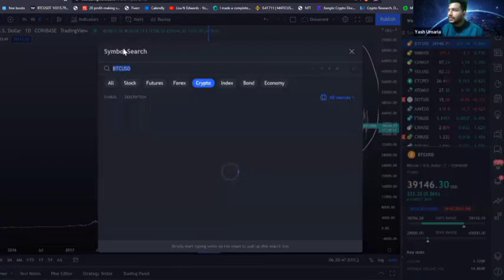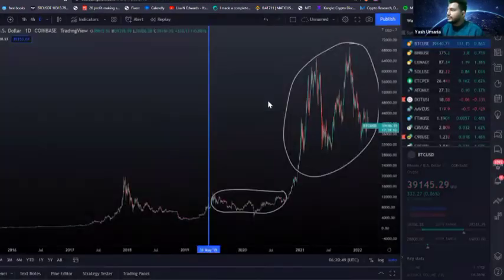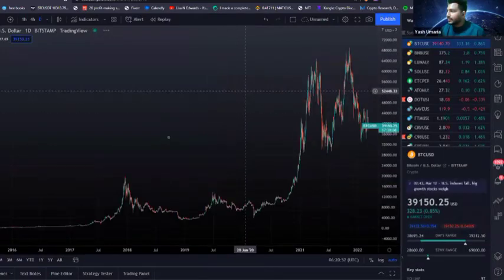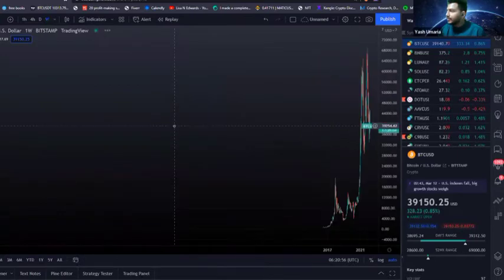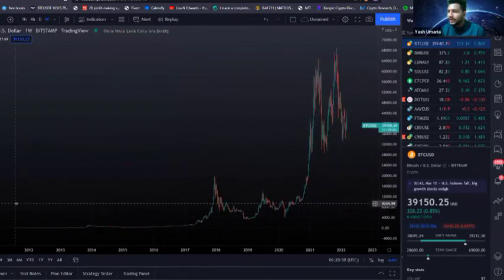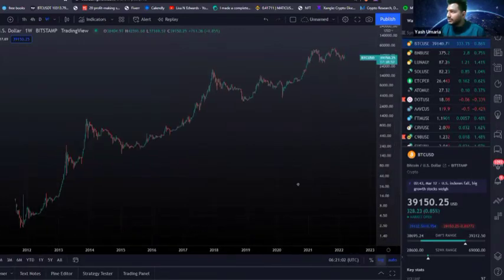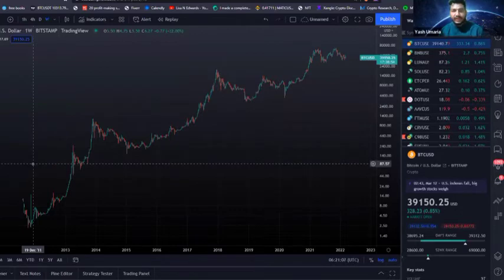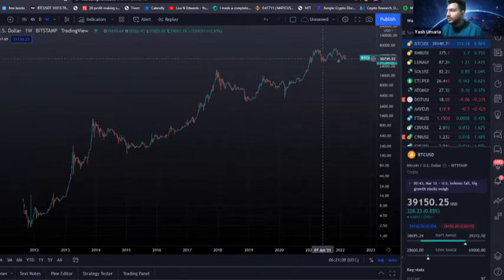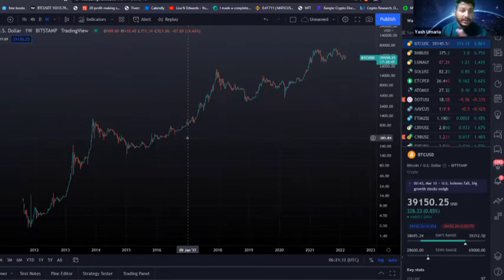For that, we have to use a different chart. Let's go to the weekly. We have data from 2012 till now, so let's use a log chart. Great. In this one we have data from 2012 to today, so that means we don't have data from 2008 to 2012.